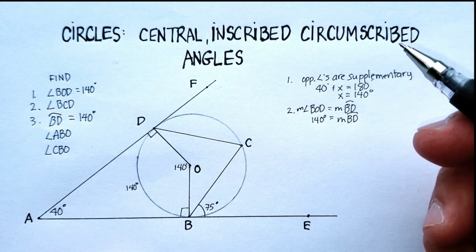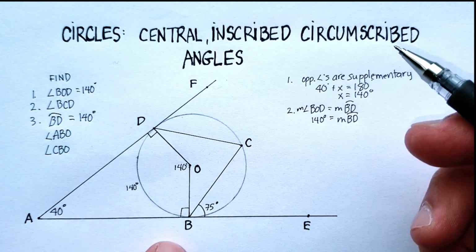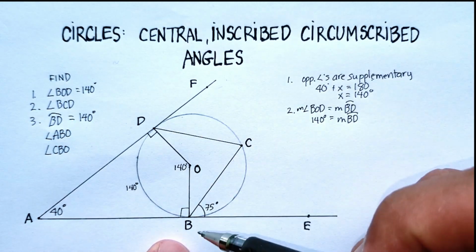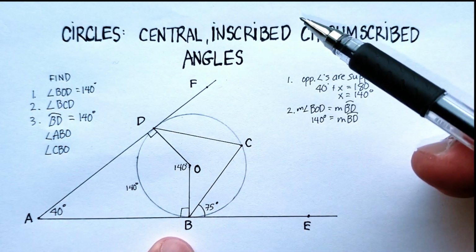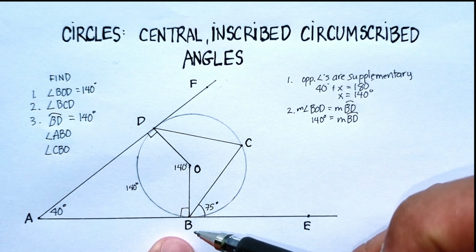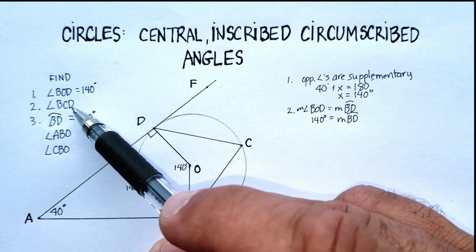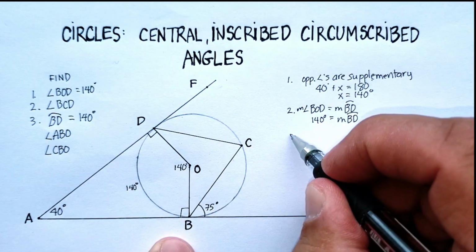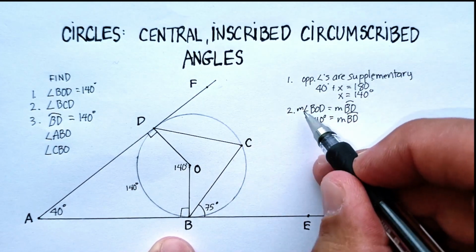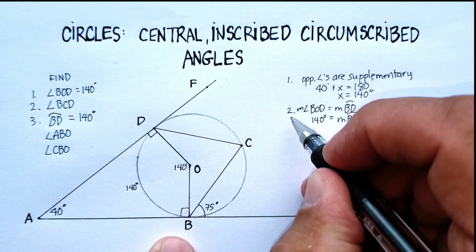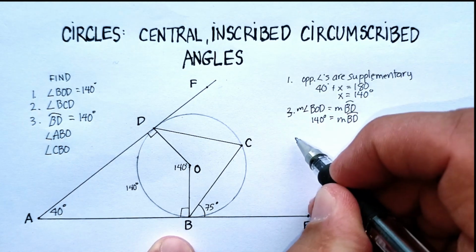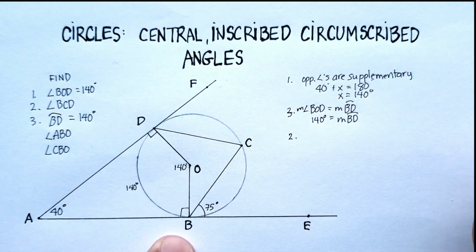Now, what else do we know? We can also find something about an inscribed angle. Let's look at our inscribed angle. And one of our inscribed angle is BCD. Number 2, right? Oh, I should have. That should be number 3. I'll make this number 3 up here, and make this number 2 down here. Sorry about that.